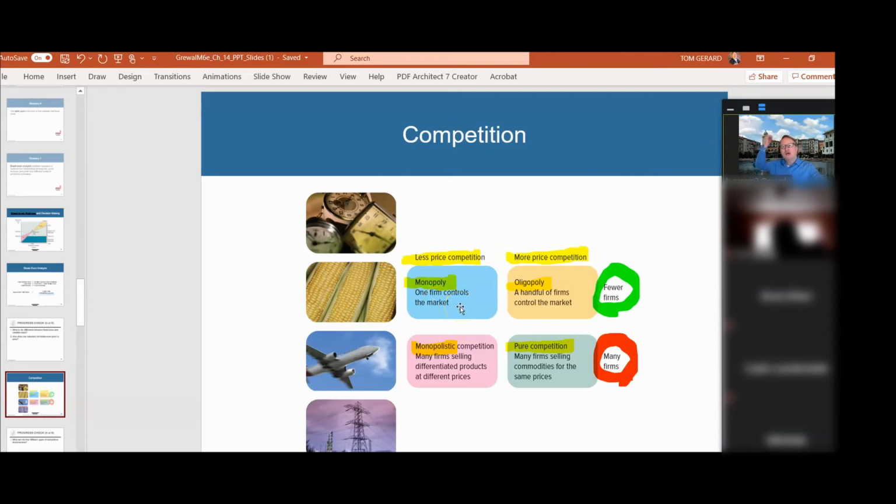Think about, again, oil, but let's just think about your electricity on your house or your water. You don't just say, oh, well, PSO went up this month, I'm going to fire them and go get another firm. You don't, right? You're controlled by them. You have no choice but to use the electric company that's hooked up to your house.